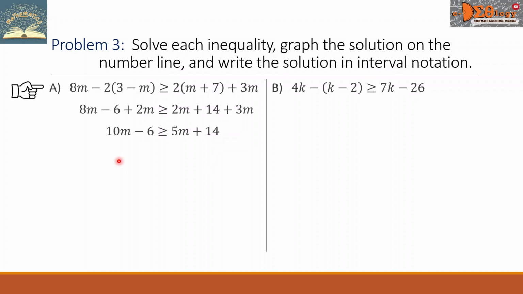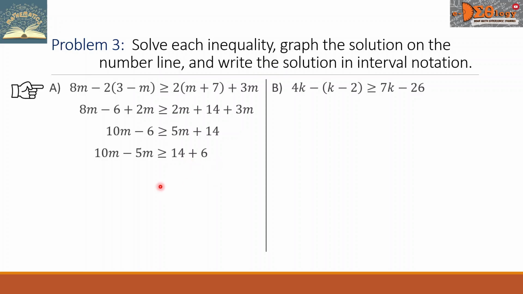Let us now put all variables on the left side and all numbers on the right. So 10m, this 5m becomes negative 5m to the left. This negative 6 we transpose to the right becomes positive 6.